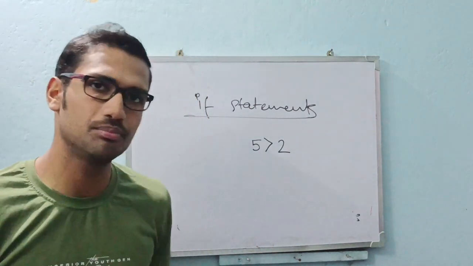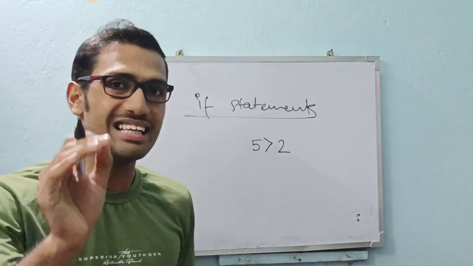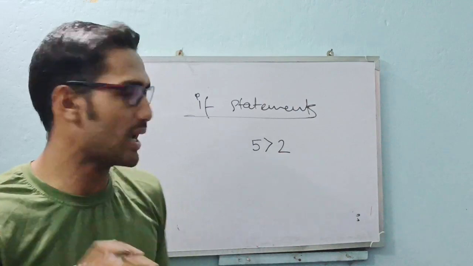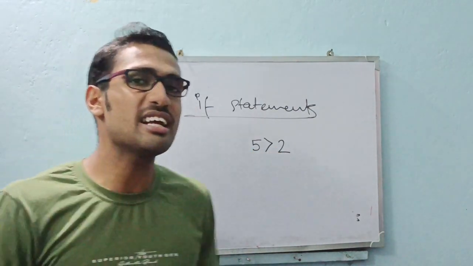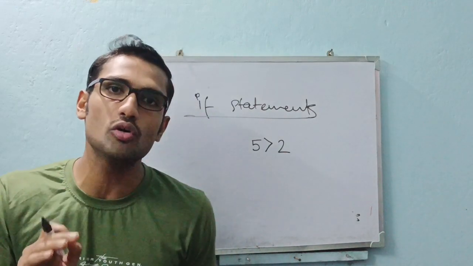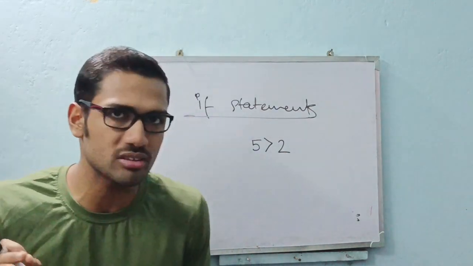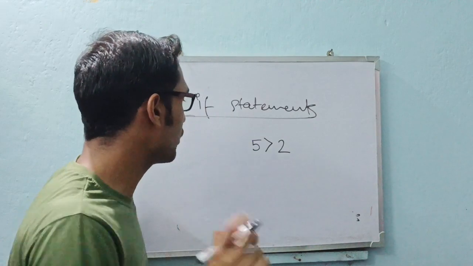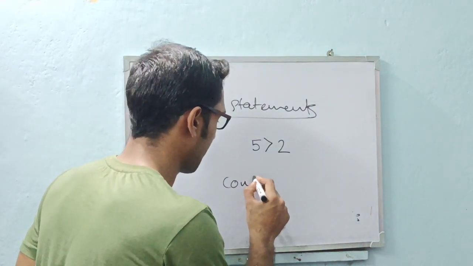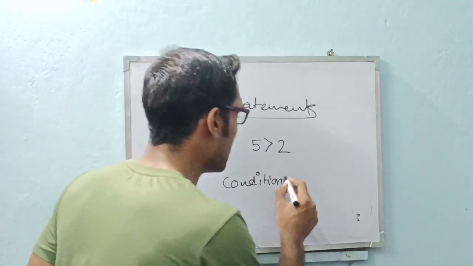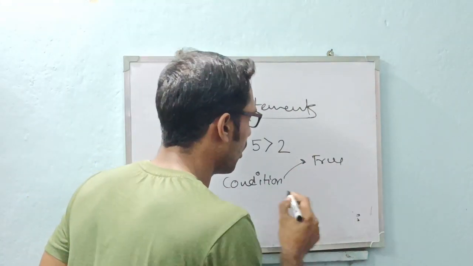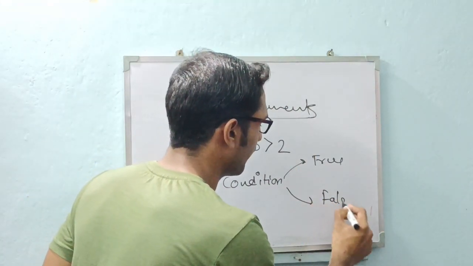This is an expression, a relational expression. Why? Because a relational operator is involved, and a relational expression always evaluates to Boolean values, either true or false. So condition, guys, try to understand: a condition will either evaluate to true or it will evaluate to false.